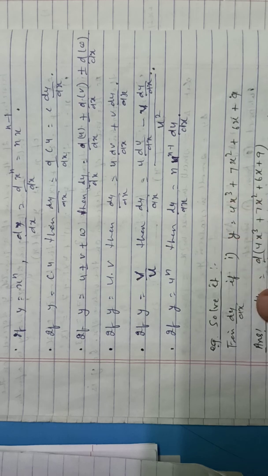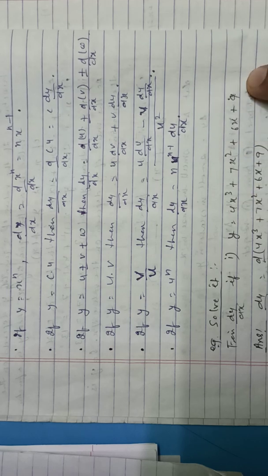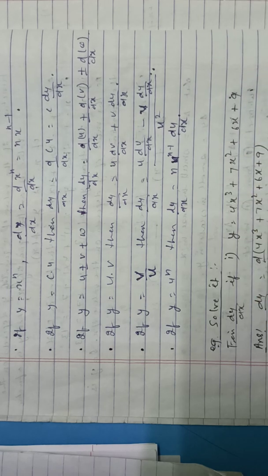Now second one: find y is equal to 4x cube plus 7x square plus 6x plus 9. Find the differential coefficient of y with respect to x. So dy by dx is equal to d by dx of 4x cube plus 7x square plus 6x plus 9.